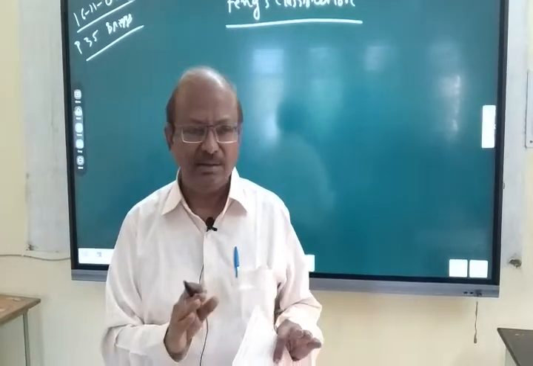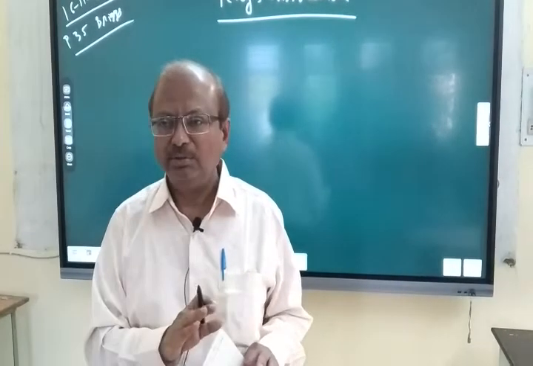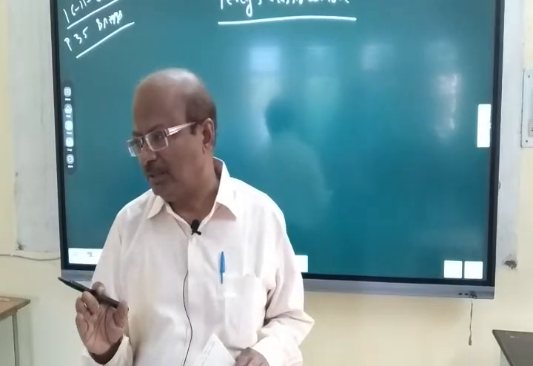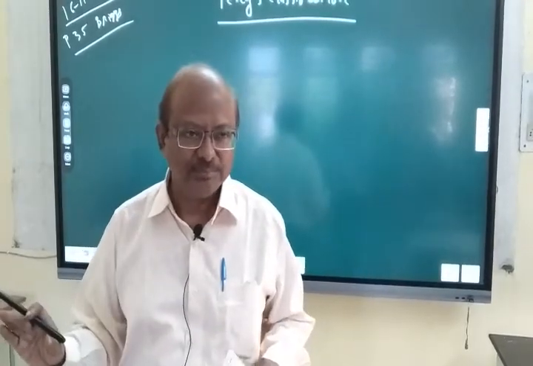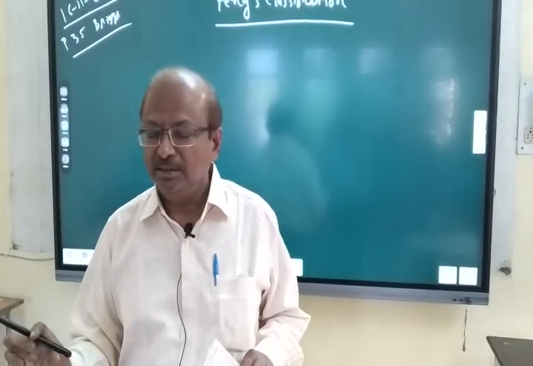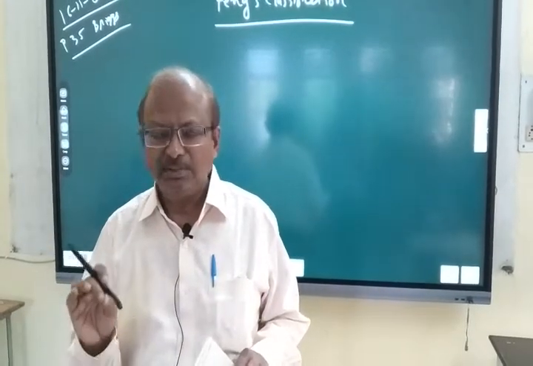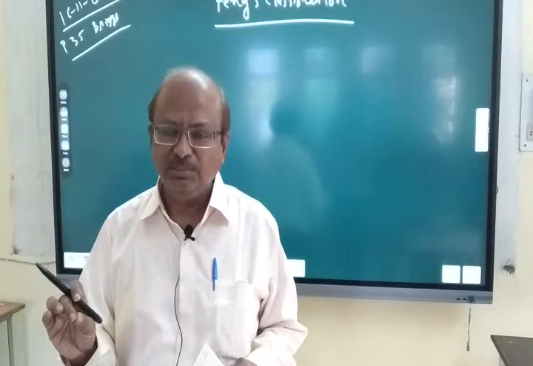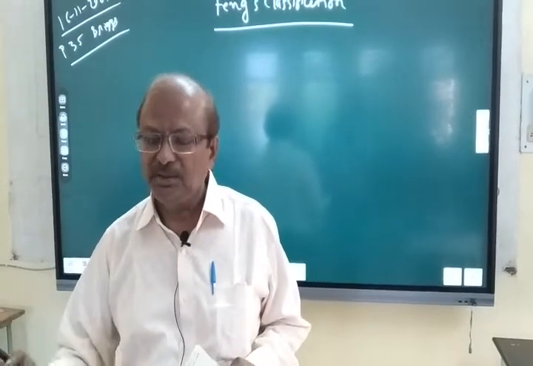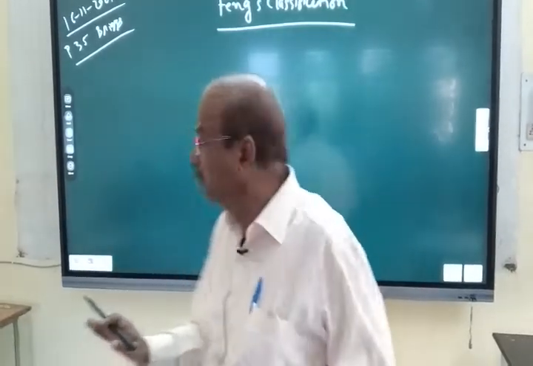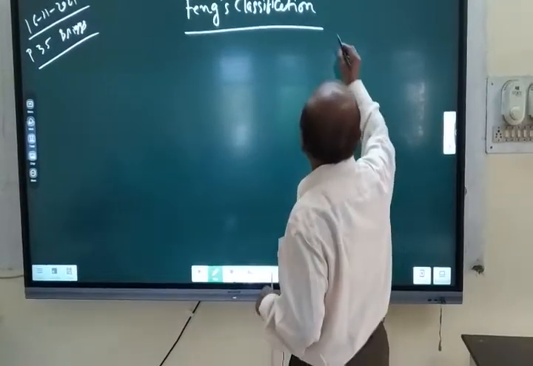There is a separate YouTube video I have uploaded for Flynn's classification scheme. Flynn's classification scheme is most popular. Second, slightly less popular, is Fink's classification scheme, and Handler's classification is least popular. So we are going to deal with Fink's classification scheme.